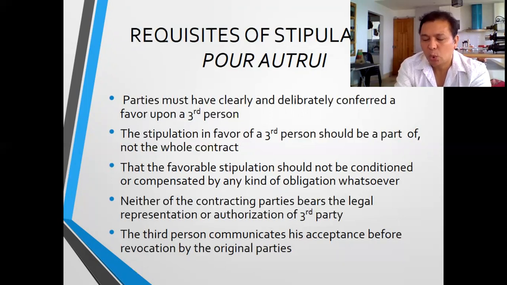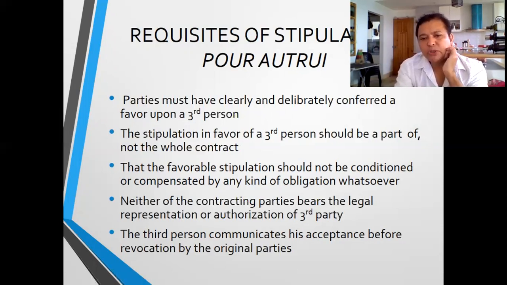So there is no third party being authorized or represented. It should be me and the seller, no SPA, or special power of attorney, involved. Also the third party, no SPA.